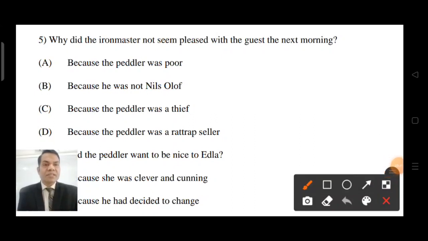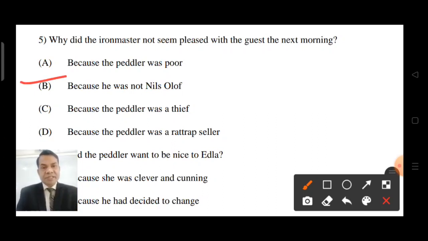Because the peddler was poor, because he was not Nils Olov, because the peddler was a thief, because the peddler was a rat trap seller. The answer is because he was not Nils Olov. So this was the reason.